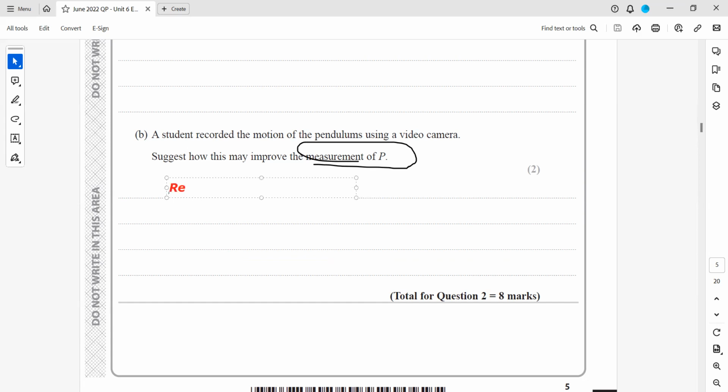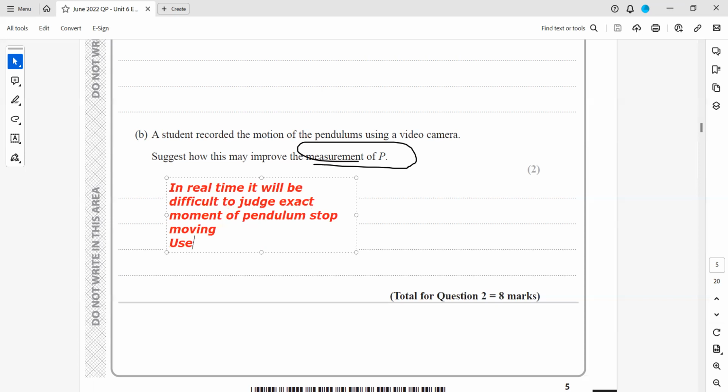So it will reduce the problem: in real time, it will be difficult to judge the exact moment the pendulum stops moving.